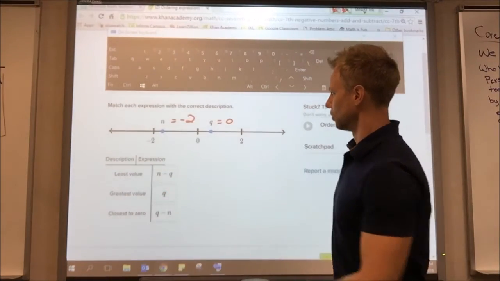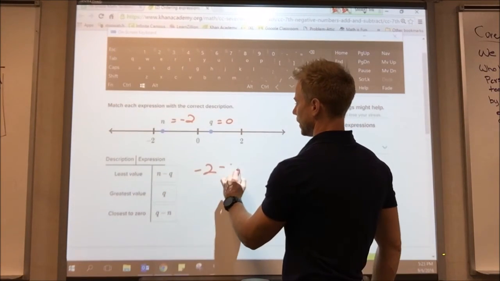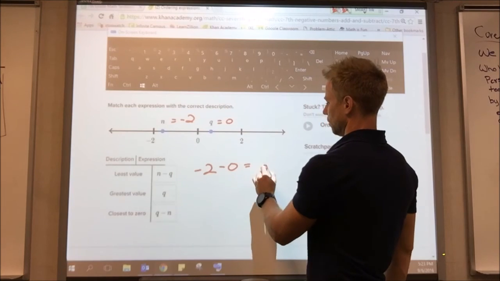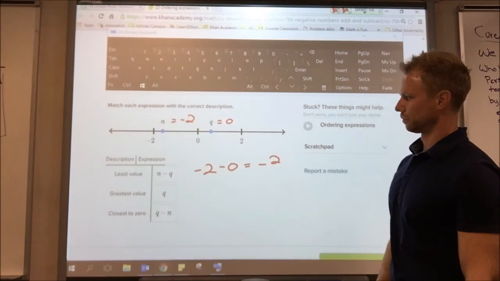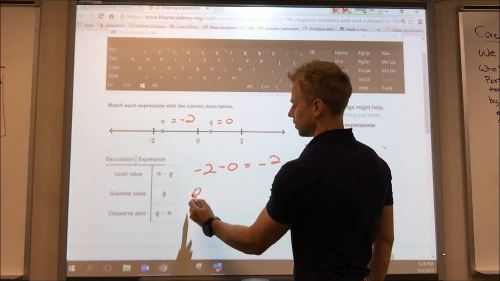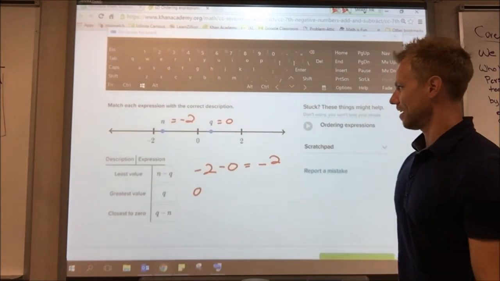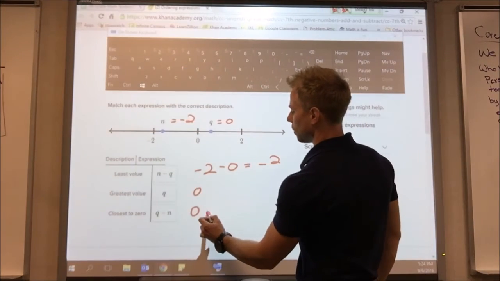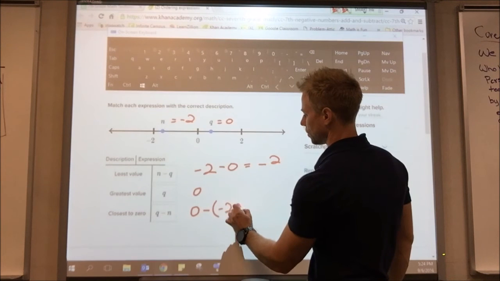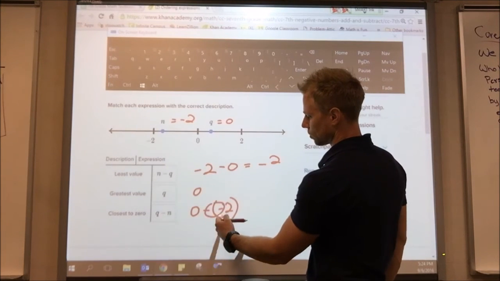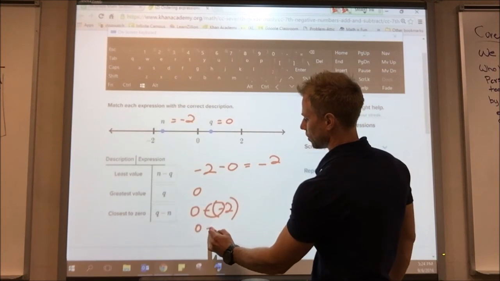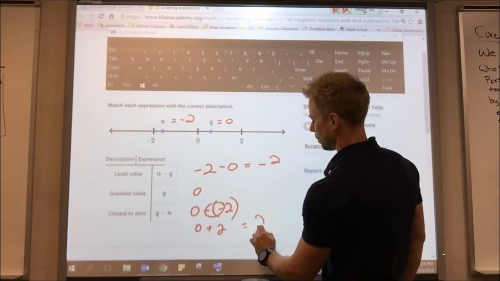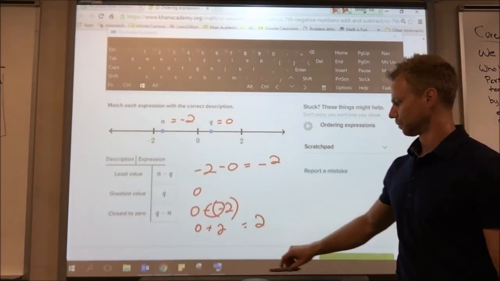So N minus Q, -2 minus 0, is just going to give me -2. Q minus N, so 0 minus a -2. Right here, those two negatives become a positive, so 0 plus 2, so it'd be a +2.